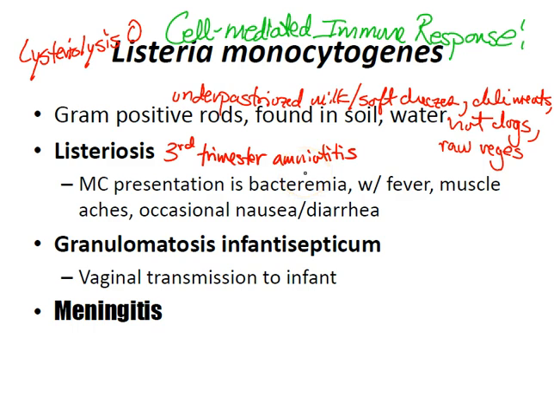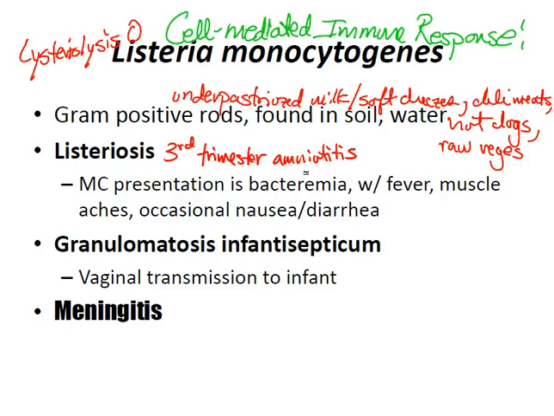Now, granulomatosis infantiseptica is a vaginal transmission to the infant, causing an early onset sepsis or neonatal meningitis.